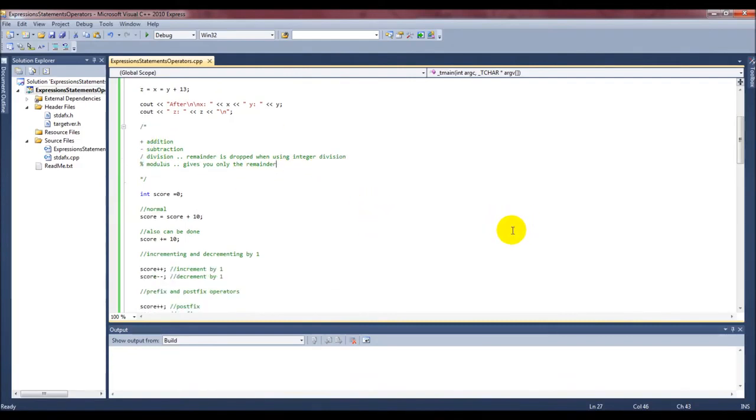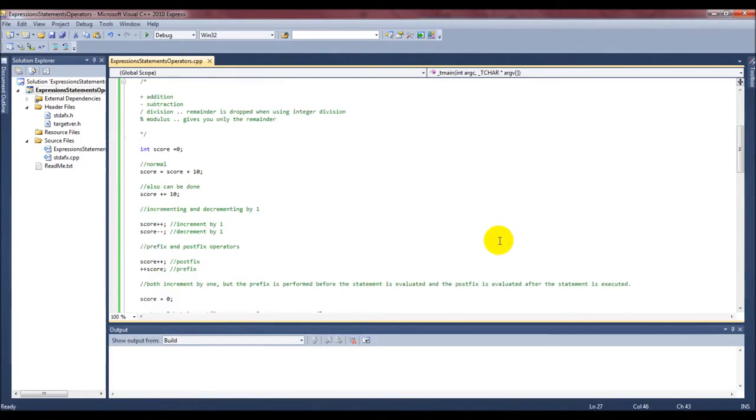Another topic we should talk about is how certain bits of code might be playing into how you read it. And sometimes there are some shortcut methods of doing certain things. For instance, I declared an integer called score, and it gets the value of 0.